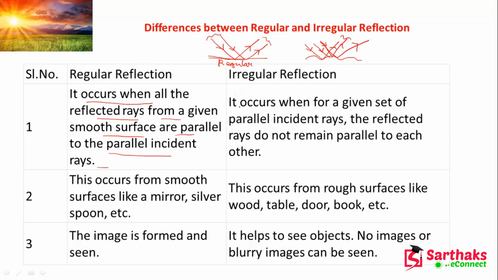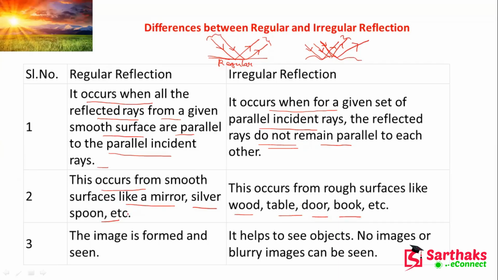Irregular reflection occurs when, for a given set of parallel incident rays, the reflected rays do not remain parallel to each other. Regular reflection occurs from a smooth surface like a mirror or silver spoon. Irregular reflection examples are wood, table, door, book.